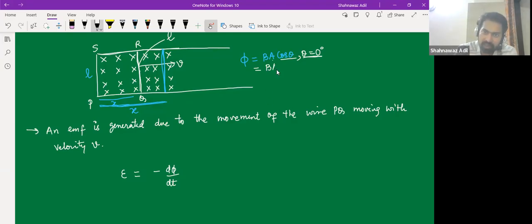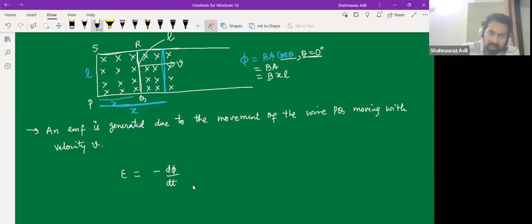Length into breadth, right? So what is the length? Length is x and breadth is L. So in this B x L, what is constant and what is variable? L is constant, magnetic field is also constant, right?